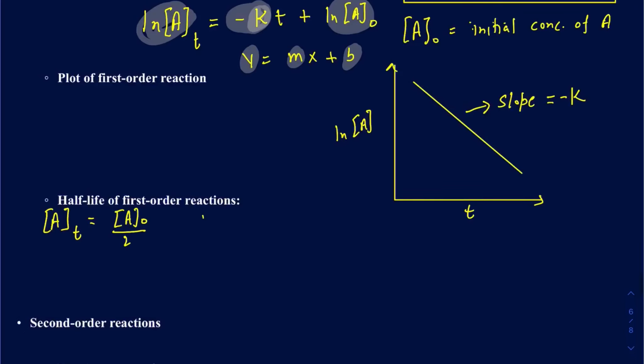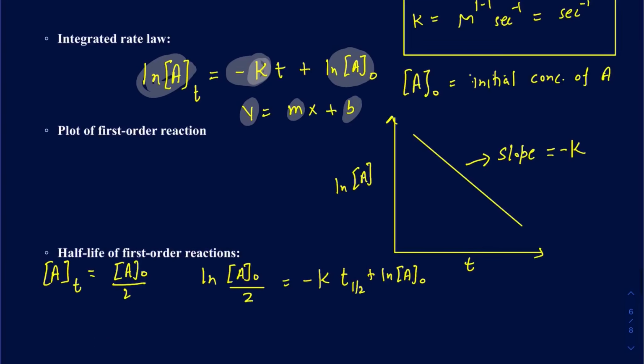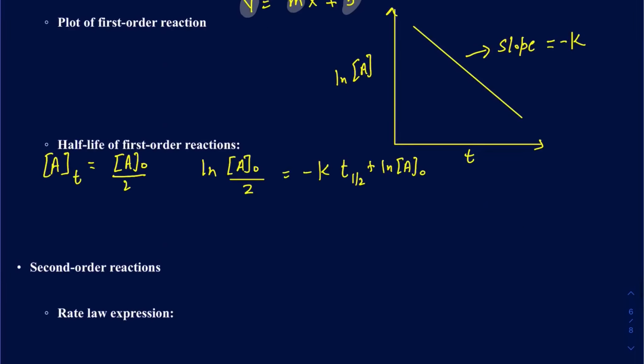If I plug this into my original equation, we have half of the concentration here equal to negative k, and now instead of writing t, I can write t half, and then plus natural log of initial concentration. I didn't really do anything other than writing half of the concentration instead of natural log of A_t. I'm not going to ask you to solve this, and it's unlikely you'll be asked to solve it in any class, but be able to manipulate this and know how your equation is going to look at the end of the day.